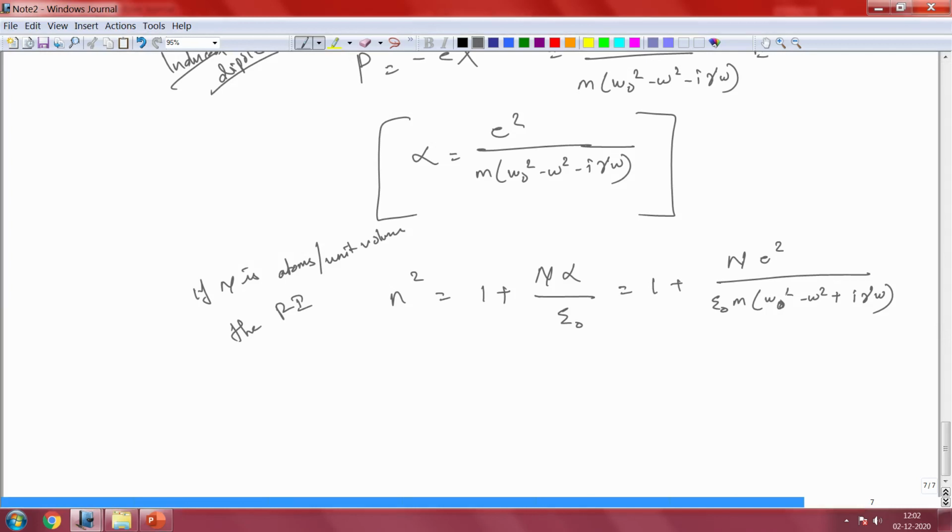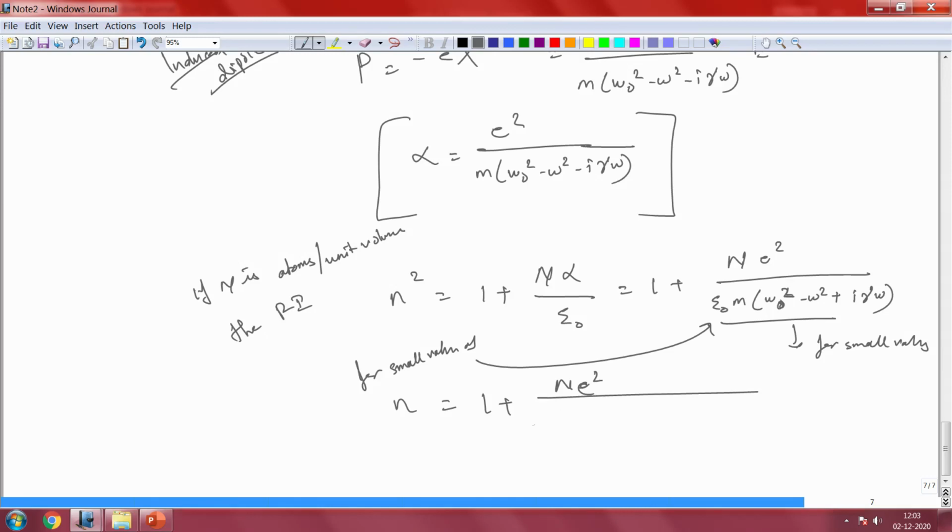It's a solution that we already know of, but there is a condition that these oscillations are rather small. So this is for small values, and then you could look at just n instead of n squared, and you can write this as 2 epsilon naught m omega squared.